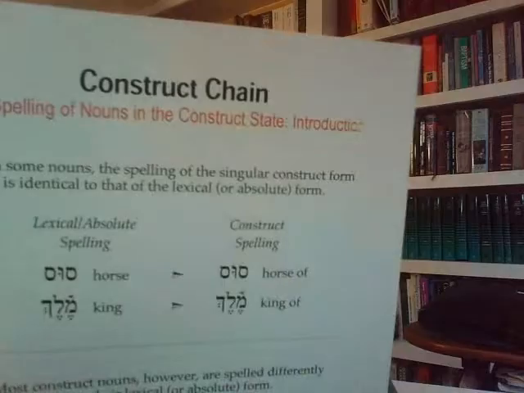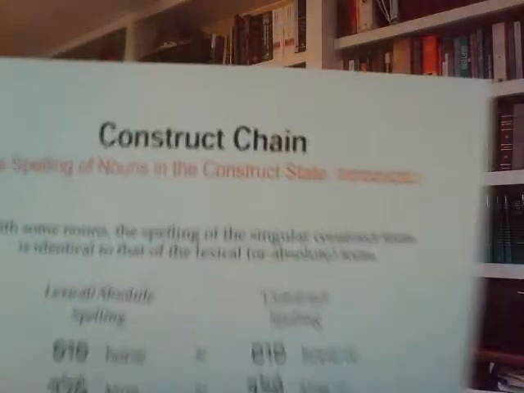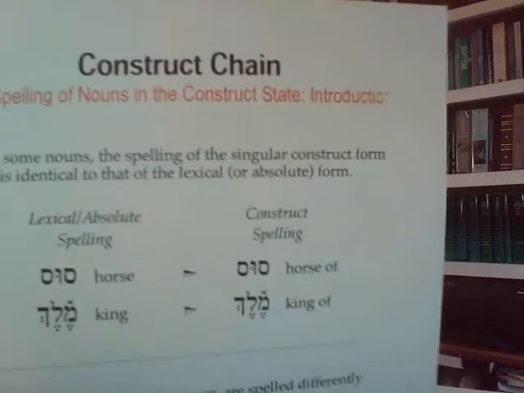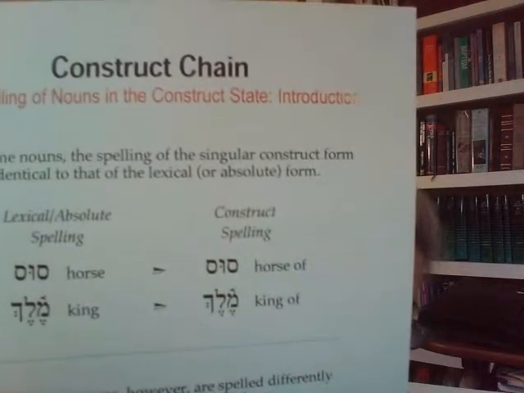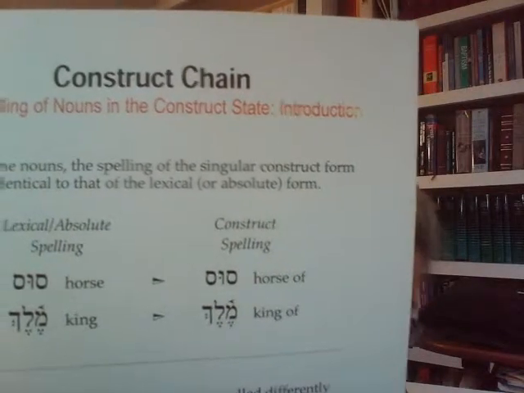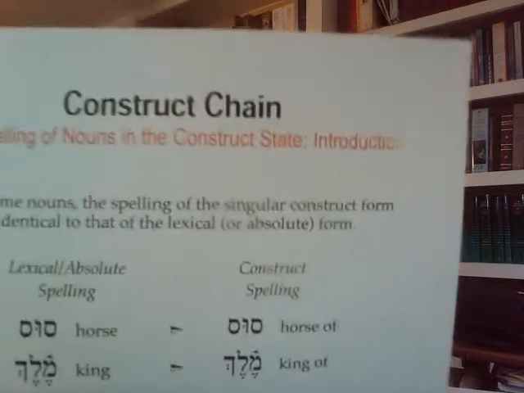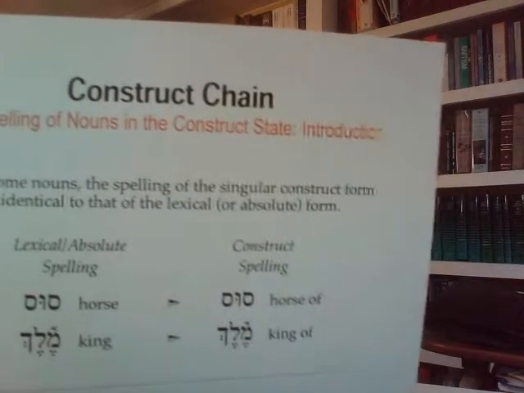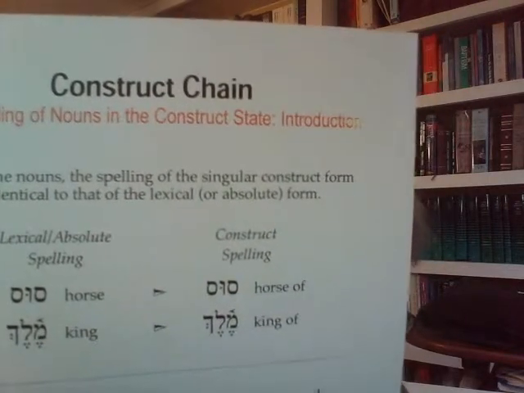Now, when you have a monosyllabic noun, there we go, the spelling of Sus and Melek, the lexical absolute spelling is identical to the construct spelling. At the beginning, you might say, oh yay, at least there's something that's going to stay consistent and doesn't change, and I won't have to learn anything new.